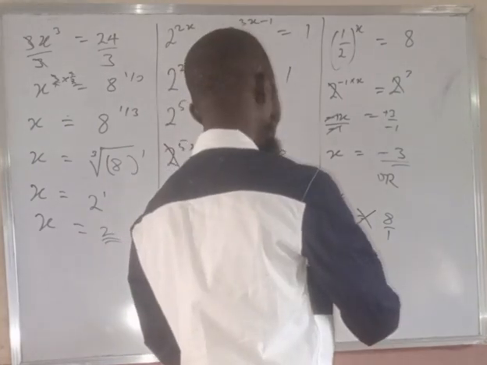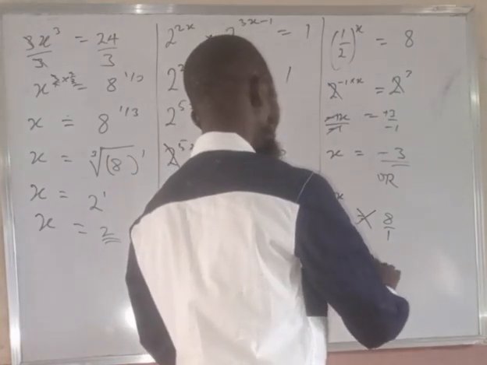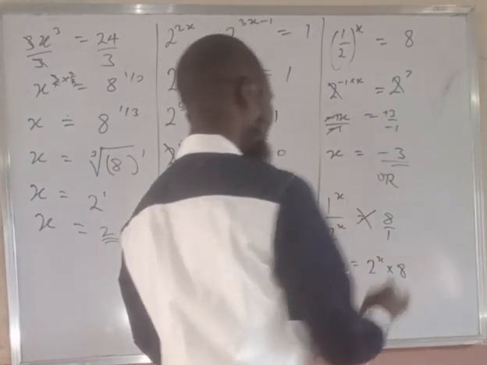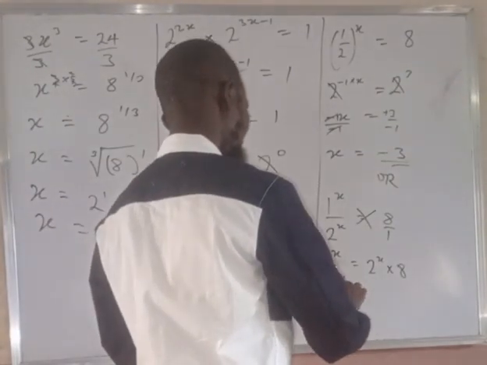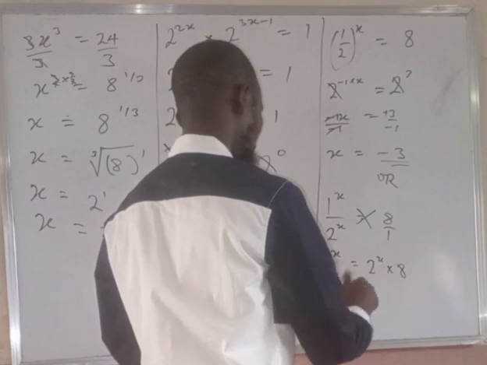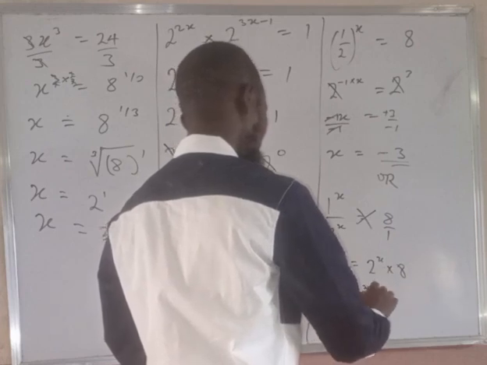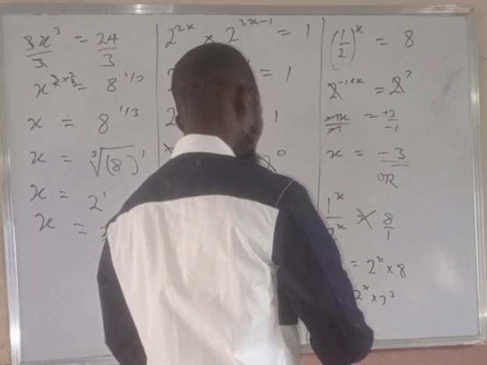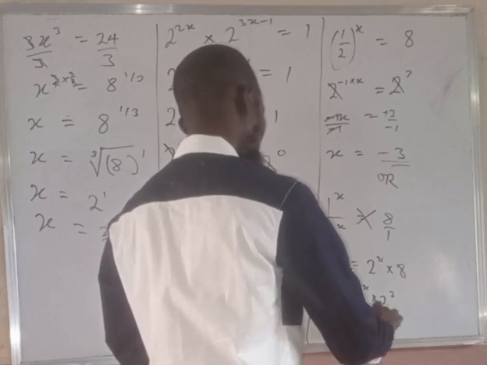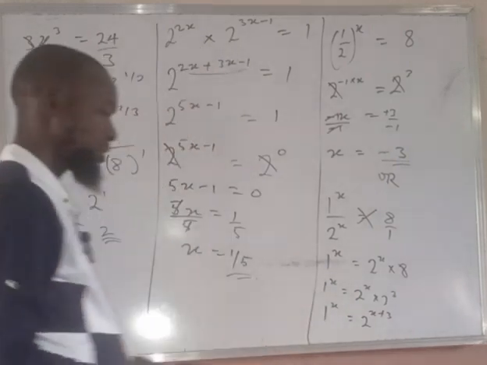So meaning that what? 1 raised to power x is equal to 2 raised to power x times 8, abi. And we can say 1 raised to power x is equal to 2 raised to power x multiplied by 2 raised to power 3. Then we say 1 raised to power x is 2 raised to power x plus 3.